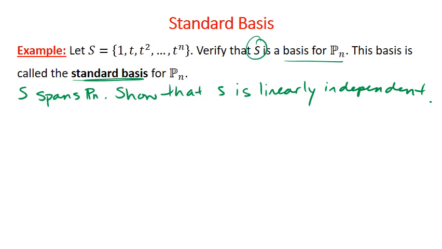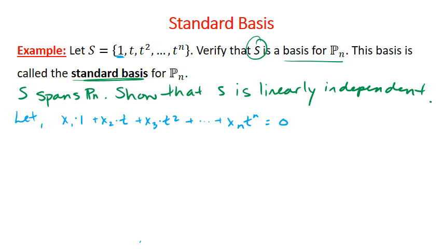So let's just kind of set this up a little bit. So let the following hold true. So x1 times 1 from the set plus x2 times t, x3 times t squared, so on and so forth to x sub n times t to the nth power.